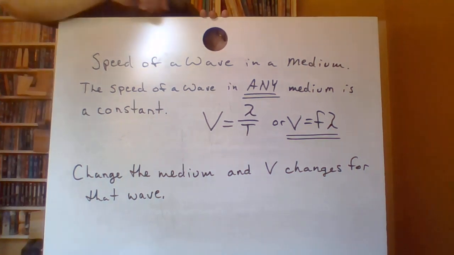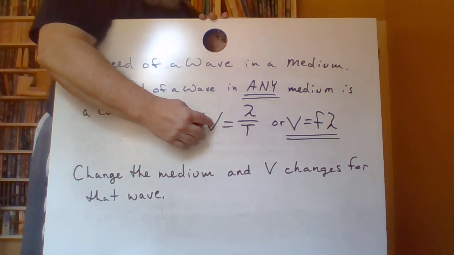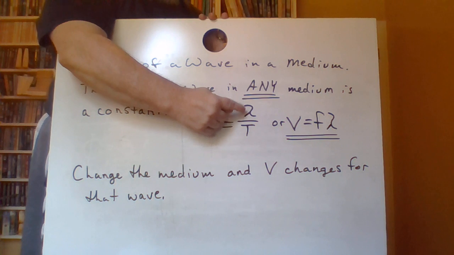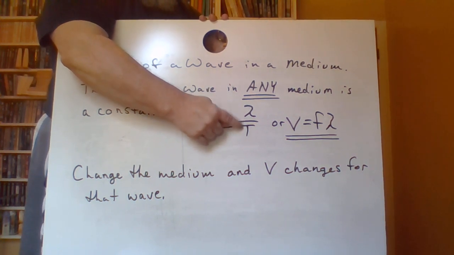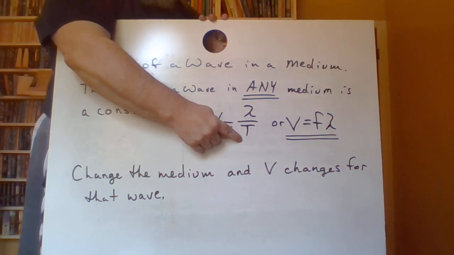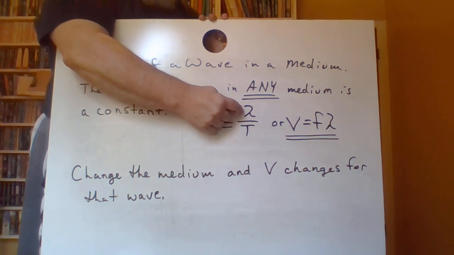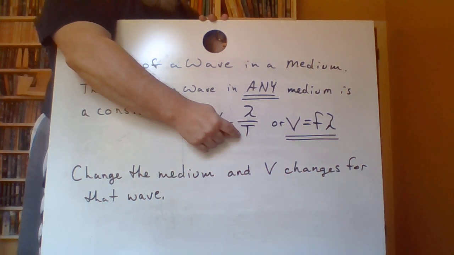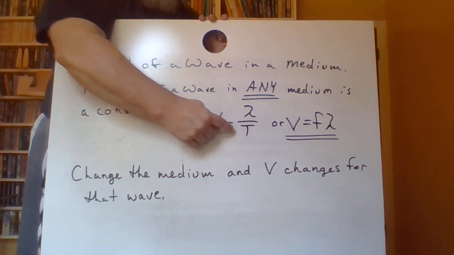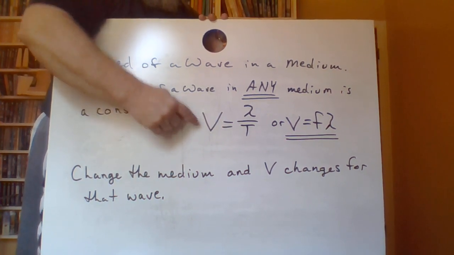So, how do we measure the speed of the wave? Speed of the wave equals the distance of one wave divided by the time it takes to make one wave. The distance one wave travels in one time period. So distance divided by time, speed.